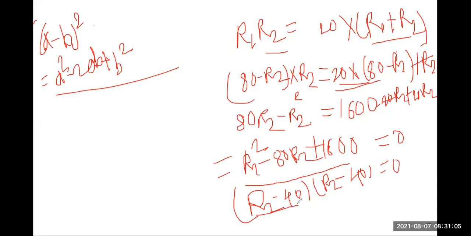If you take it out separately, R2 minus 40 is equal to 0. I think you have learned this, I don't know, but in 8th standard it was given there. And here also we get the same value, R2 minus 40 is equal to 0, and directly R2's value is 40. Both places we are getting the same value.